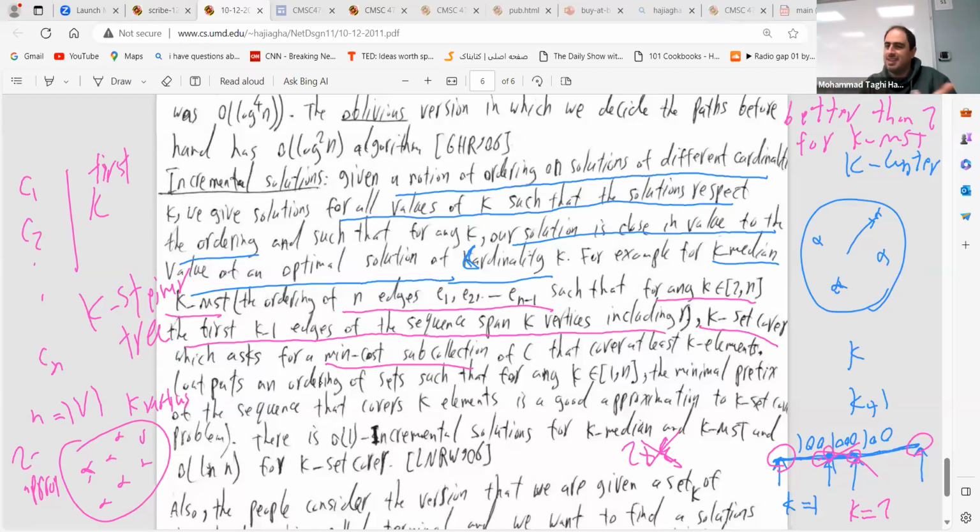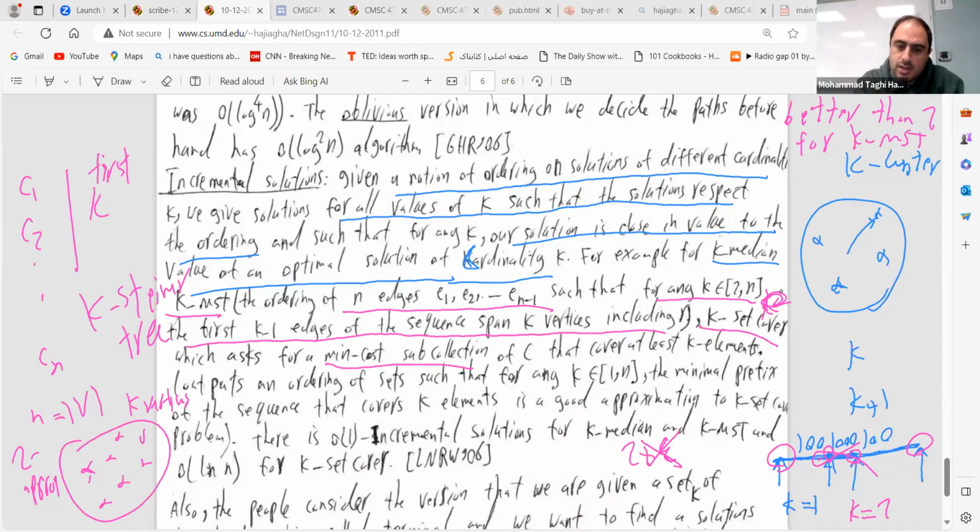Probably they call it K-cover, but you can call it K-coverage in some sense. K-set cover is a generalization of K-coverage. Whenever you want to select K elements, just go through these sets and choose them until you have K elements, and stop.